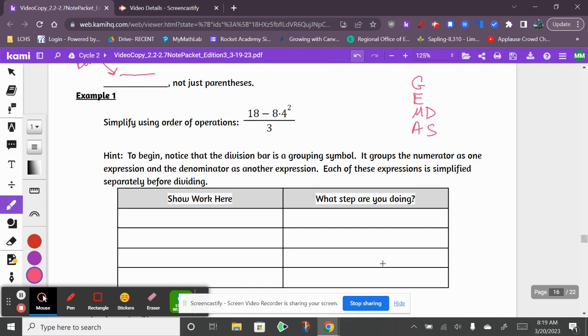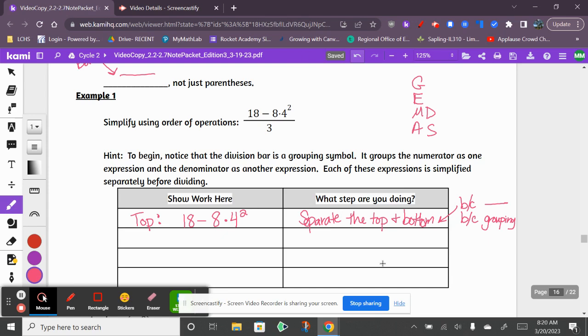So the first thing that I'm going to do is separate the top and bottom because of my fraction bar. I'm doing that because of grouping. Okay, so I'm just going to worry about the top for now. So I'm just going to focus on 18 minus 8 times 4 squared.